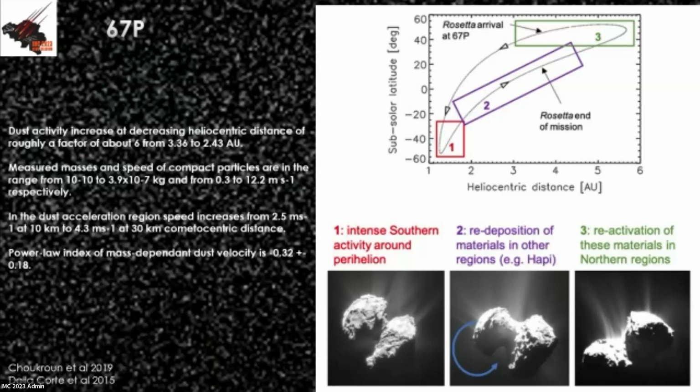At first, one thing that was very surprising is that around 95% of the dust particles that are ejected from the comet are at a certain moment redeposited onto the surface of the comet. You can see in the table a little summary: when there is intense activity in the southern hemisphere, lots of jets and lots of particles are ejected, but at a certain moment they are redeposited because the velocities and trajectories are not open and the particles are not ejected into the coma.